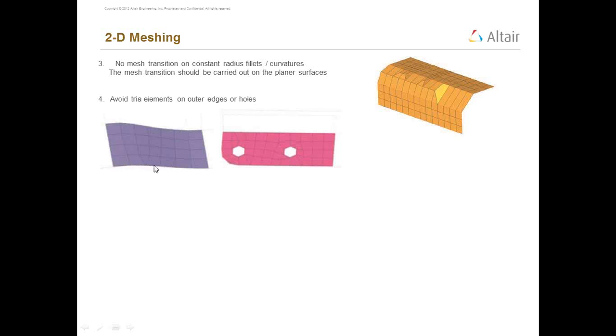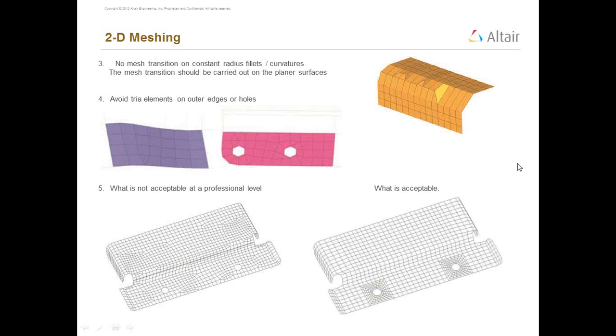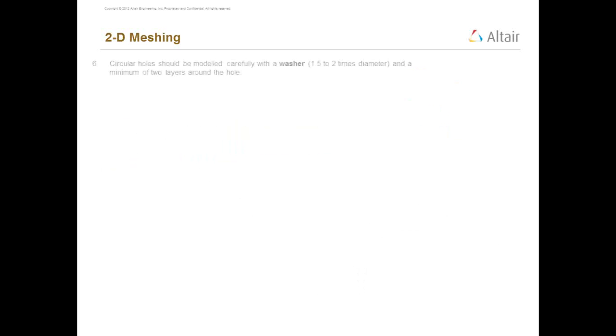The outer edges are the failure regions, so avoid them there, and around the holes also avoid the triangular elements. What is not acceptable at professional level is this type of meshing, which is not structural or flow. What is acceptable is this, with a proper flow of elements.